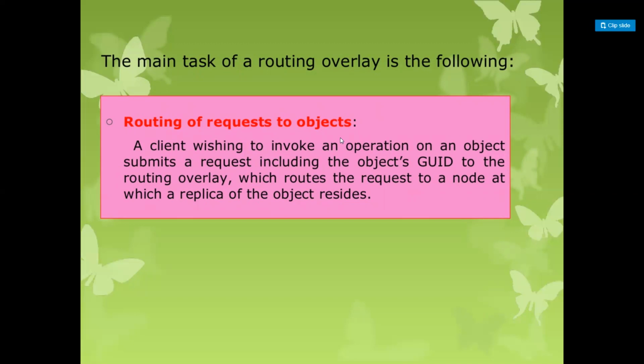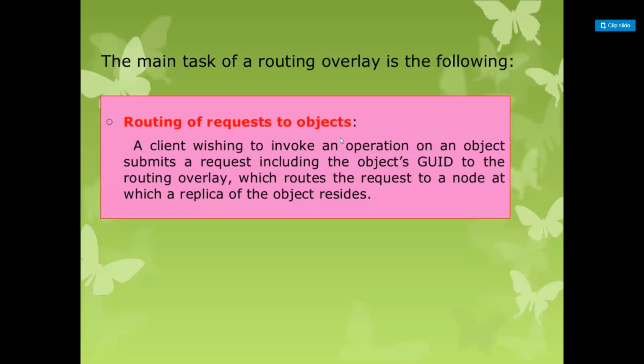In other models, if any client wants to access an object in the server, it forwards the request to the server. Here in routing overlays, the client submits the request including the object's global unique ID to the routing overlay.